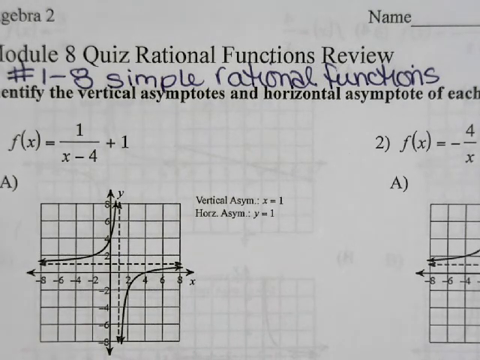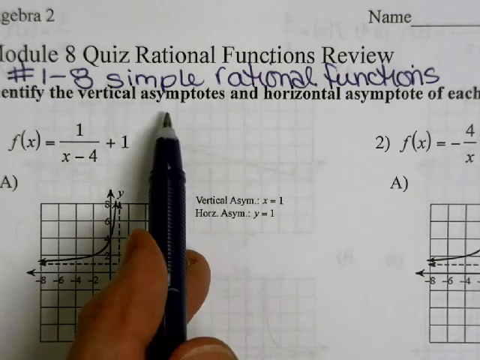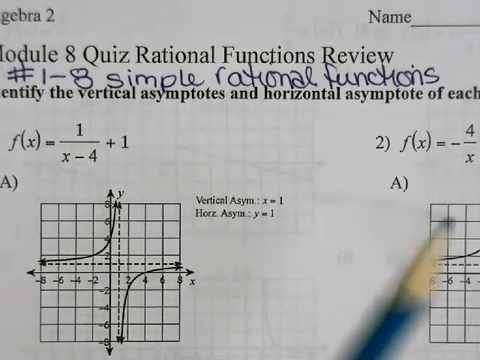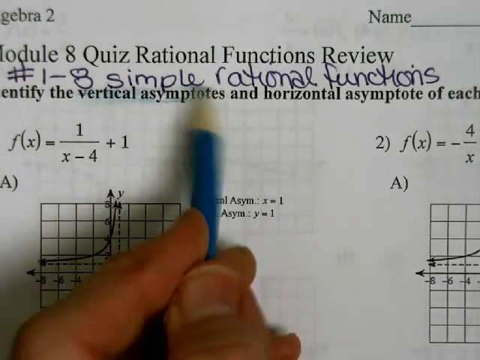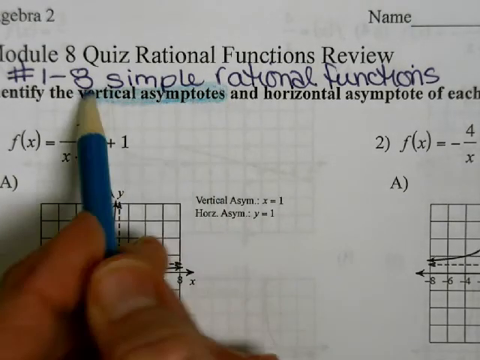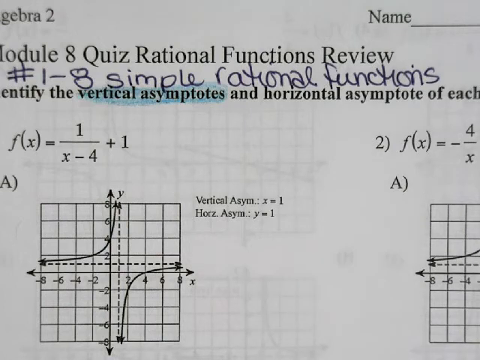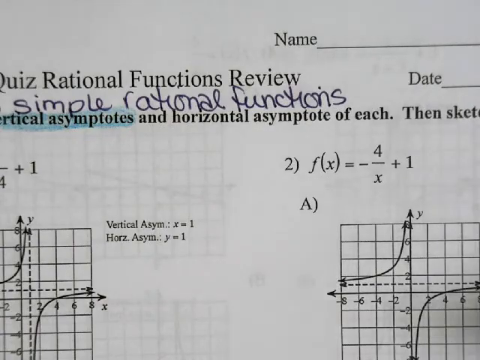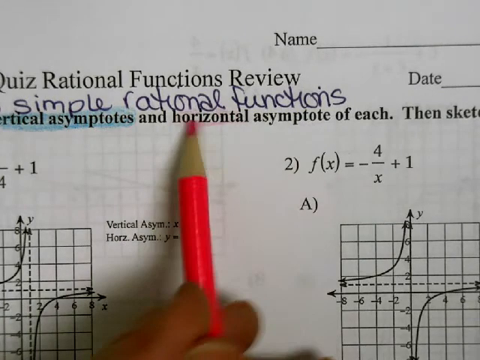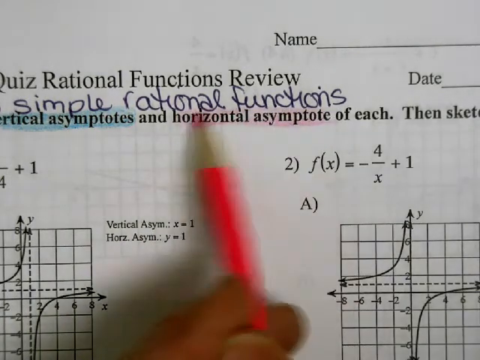So the directions say identify the vertical asymptotes, and I believe those were blue through all our lesson plans, lesson talks. And the horizontal asymptotes, I'm going to go ahead and color pink, because that's the Y guy.